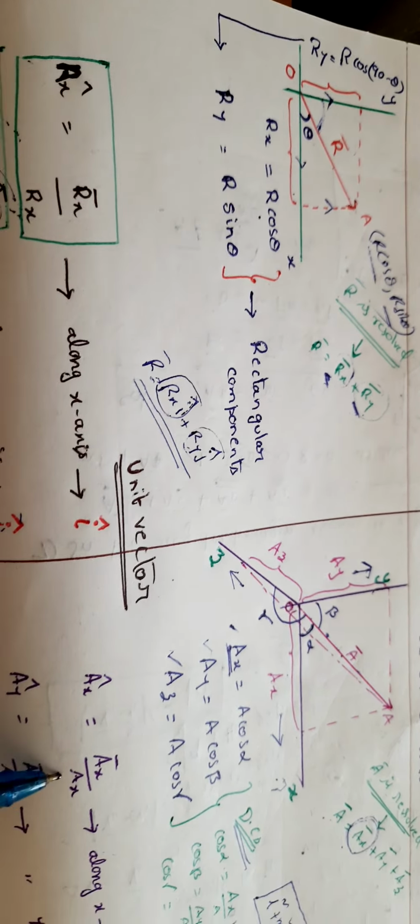From coordinate geometry, this is the point at a distance of x from the y-axis. That means this is the size of this side. What is that? x. So in place of ax, you are getting x. In a similar manner, you will be getting ay is equal to y. So therefore, it is yj cap. Hence, a bar is equal to xi cap plus yj cap.